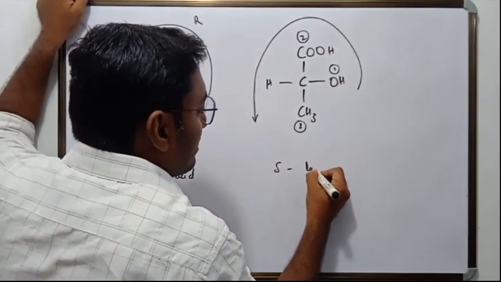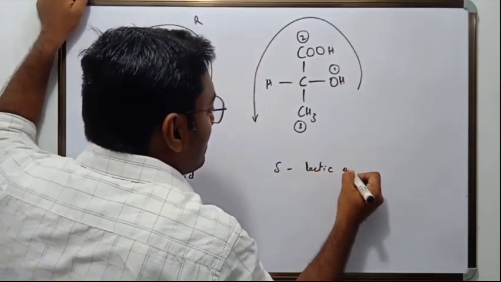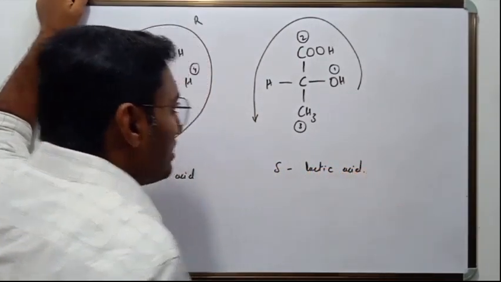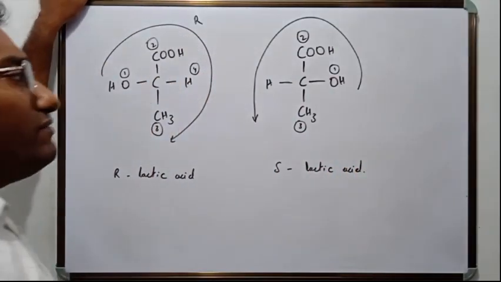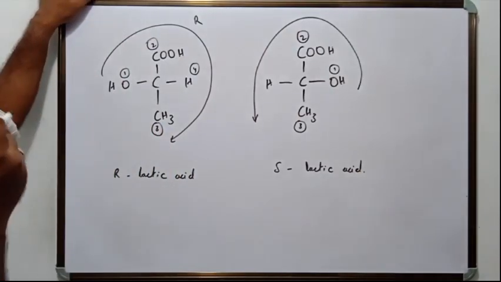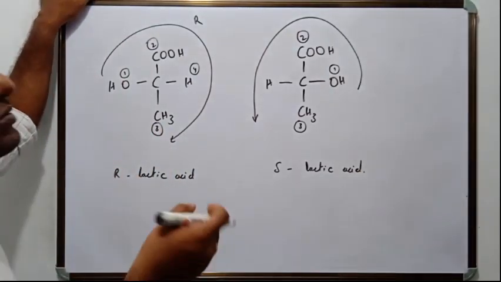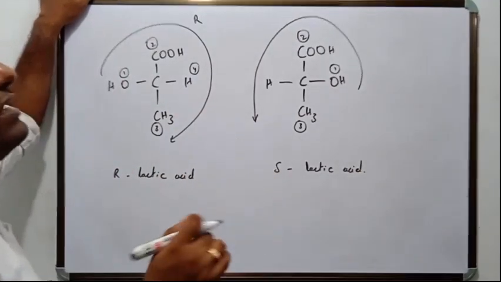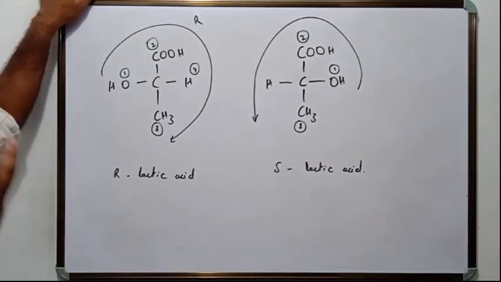The configuration part we can say confidently, we can derive it using a pen and paper. But whether it is a plus isomer or a minus isomer can only be determined by doing an experiment in a polarimeter.